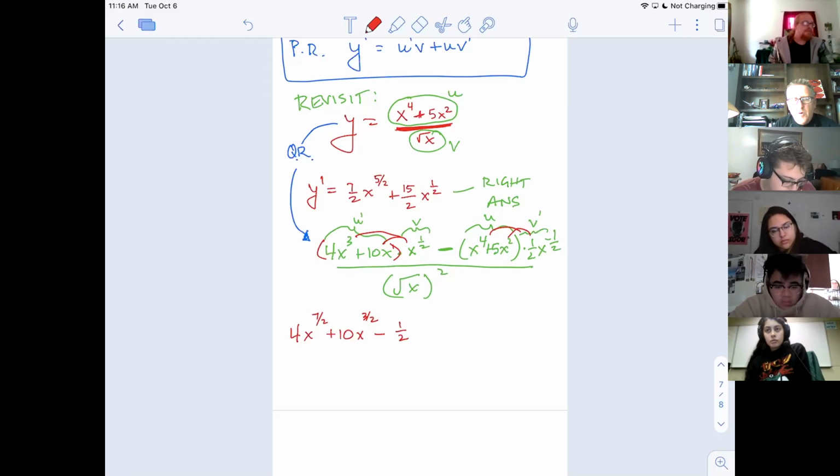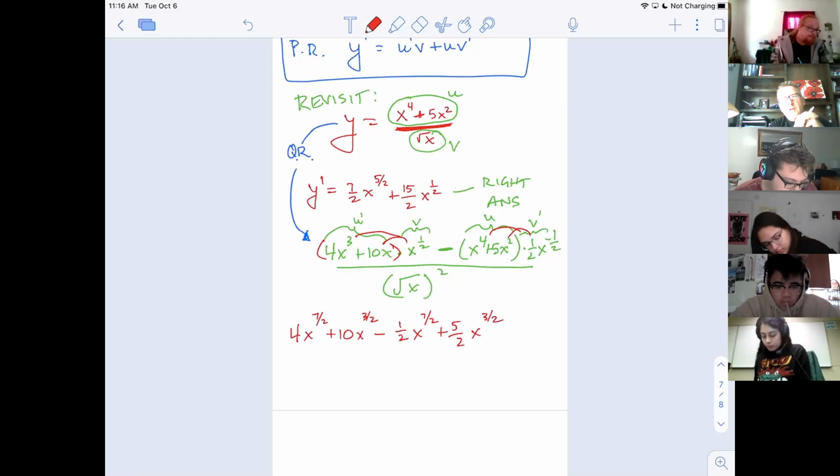That's 3.5, or 8/2 minus 1/2 is 7/2. And then it's 1/2 times 5, which is 5/2. And then x to the negative 1/2 times x to the positive 2. So that's 4/2 minus 1/2, which is 3/2. What dumb math mistake am I making here? Again, this is a rare moment where I'm making it on purpose. It's just a dumb algebra mistake.